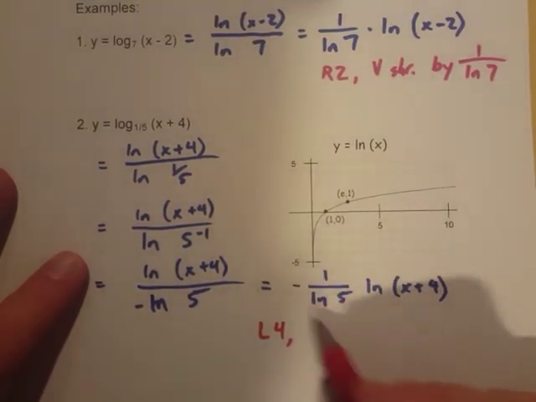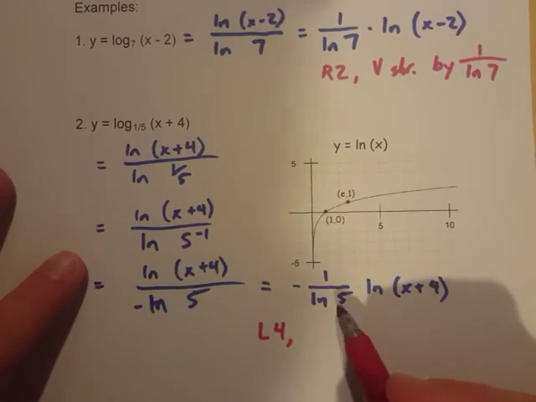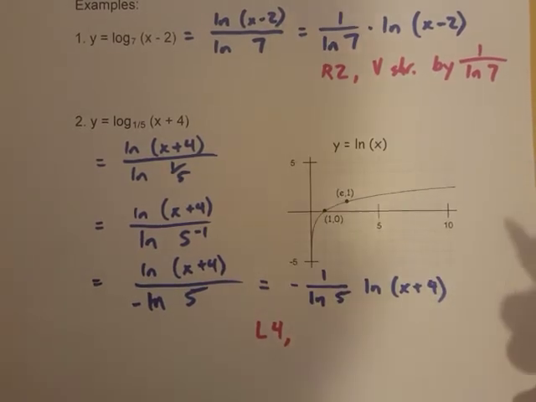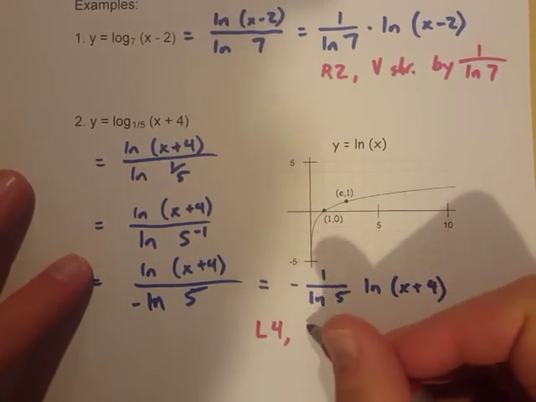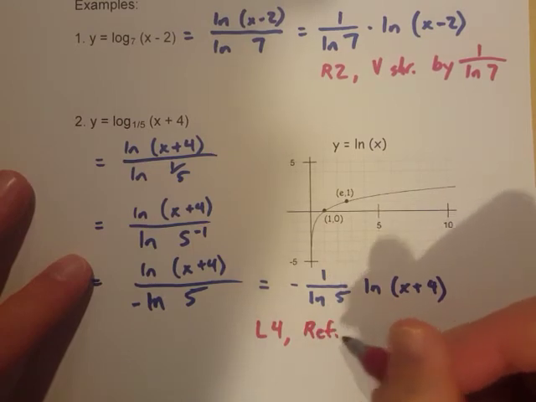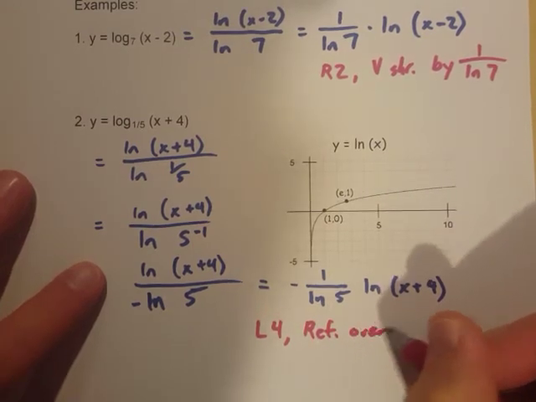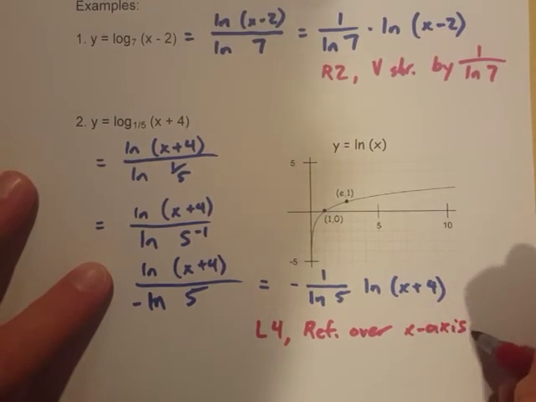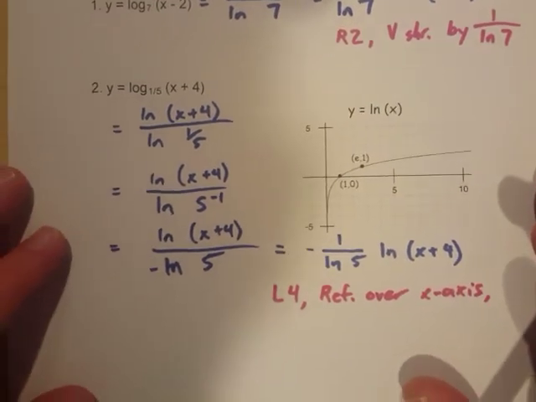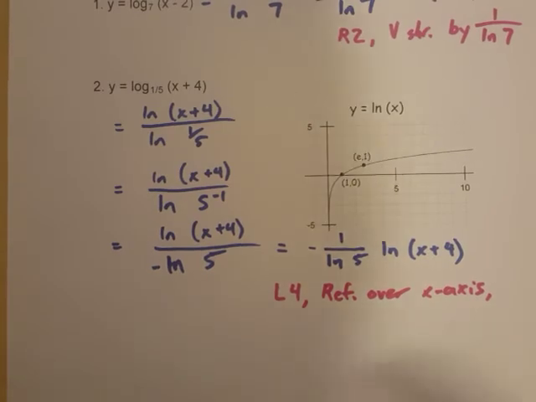Next, we go out here and we've got this 1 over ln 5. We've got the negative. Doesn't matter what order we do those in, but that negative, let's start with that just because that's pretty straightforward. That is a reflection over the x-axis. And then there's one more transformation here, like I mentioned, that 1 over ln 5.